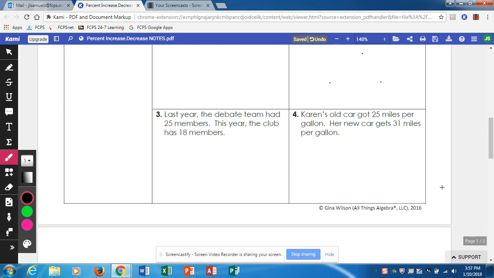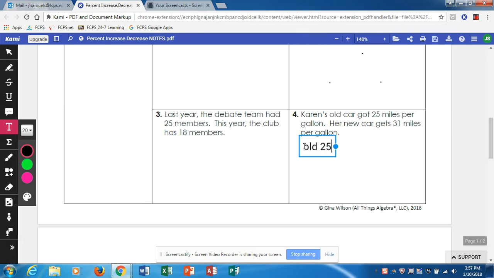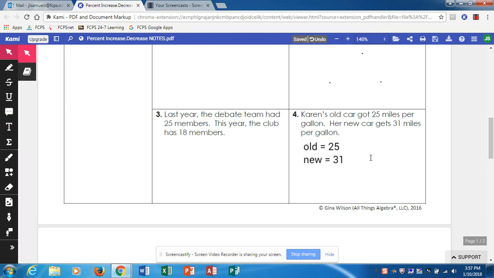Okay. Look at number 4. It says Karen's old car got 25 miles per gallon. Her new car gets 31 miles per gallon. So her old was 25, and now her new is 31. So what we're going to do is plug it into our formula and figure out whether this was a percent increase or percent decrease.